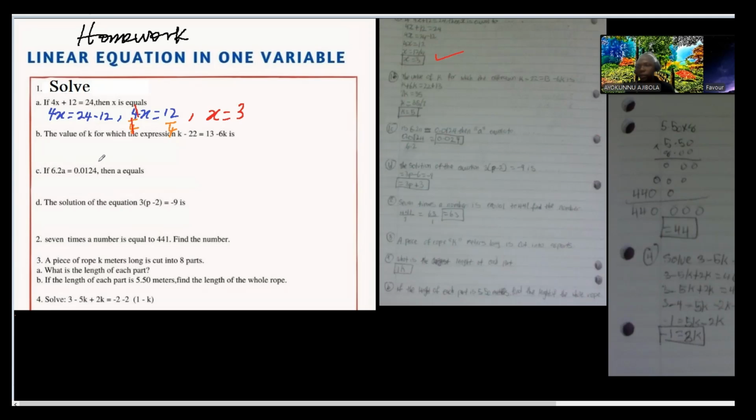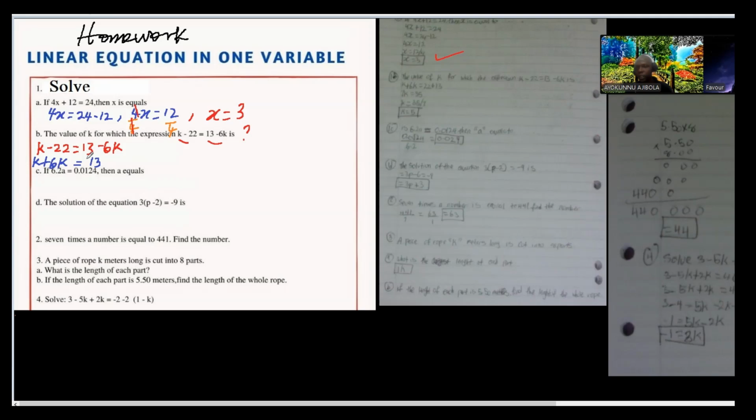The second one says, find the value of k for which this expression equals this expression. We have k minus 22 and 13 minus 6k. All the k's have to be together, that is to say, we are collecting like terms. There's a k here, and the negative 6k will cross over to become positive 6k.